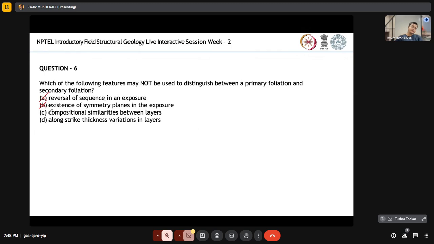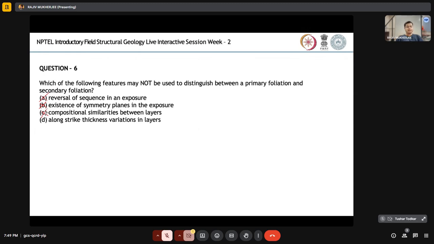So what remains is option D, and as you can see, option D is definitely a viable criterion, because along strike thicknesses do vary in the case of primary layers, primary foliations, right? If you observe the bedding planes in Ghatshila, you will see that there are several variations in thickness, even if you follow the strike line of the bedding planes, the H0 planes.